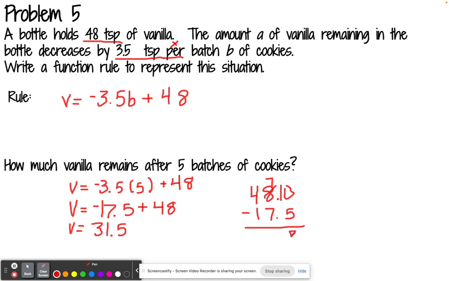Always good to check your work if you're not confident with what you did, because we all make mistakes. 30.5 teaspoons of vanilla remaining. We can round that out a little bit.